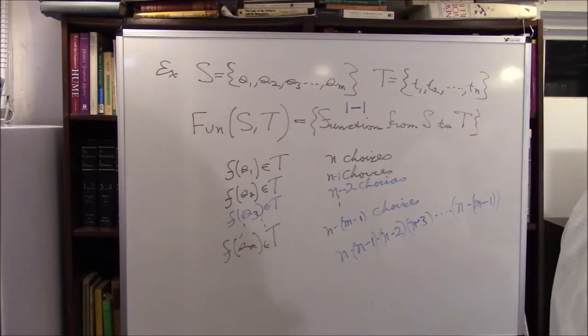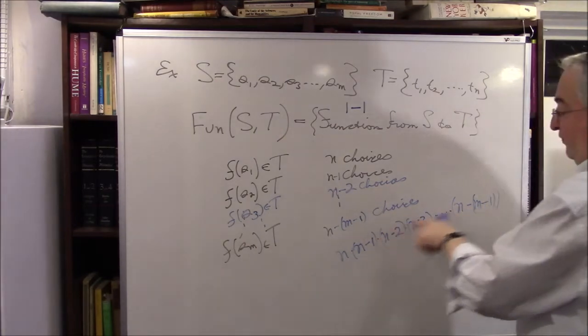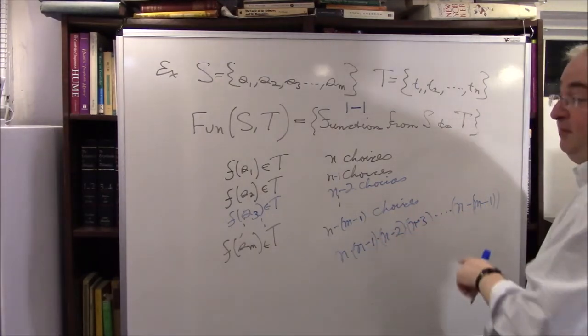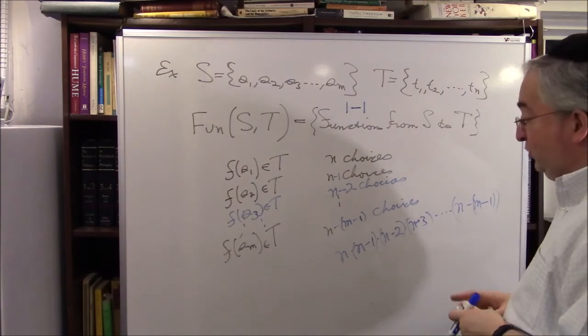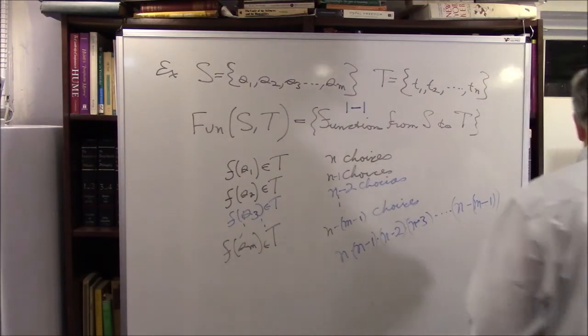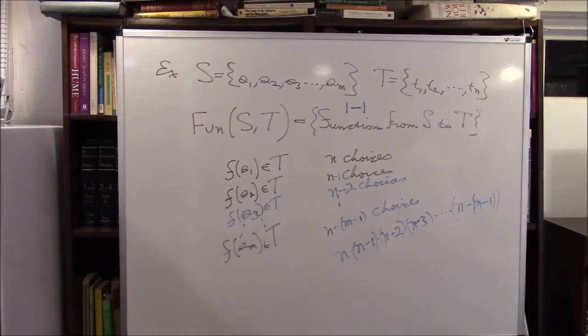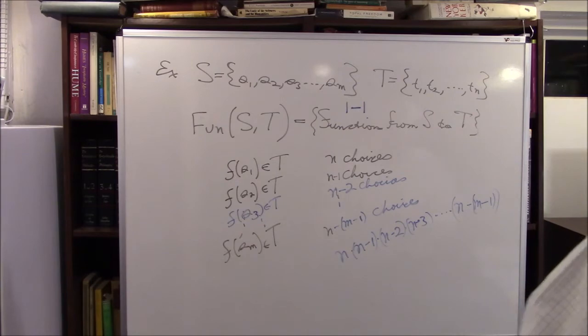Now this looks very familiar because this looks like the beginning of a factorial. So I'd like to write this another way, which uses the fact that we're using factorial very nicely. And we're going to do that.